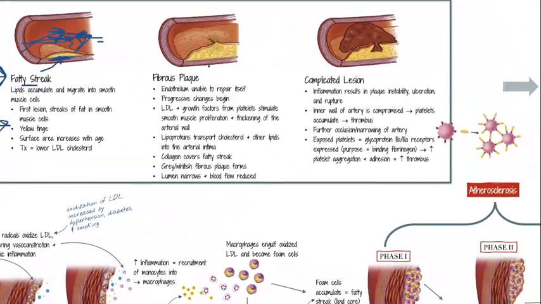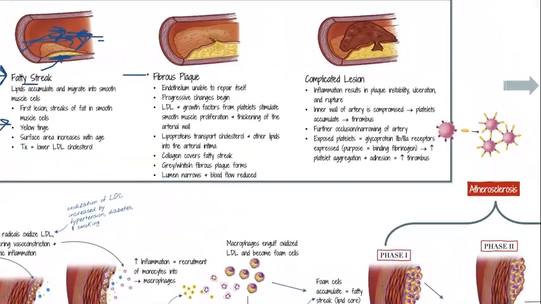So over here, we get to this next stage, this fibrous plaque stage. So if you look at this, your lipid core, this buildup of lipids here has grown. The endothelium hasn't been able to repair itself.